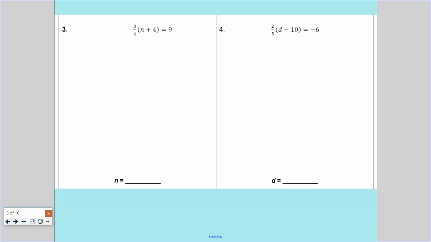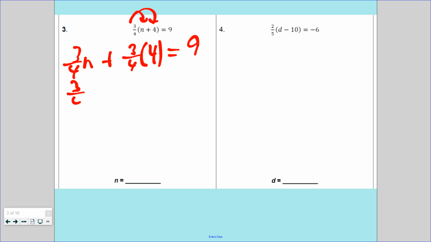All right, let's practice some more. Let's practice 3 and 4. You can kind of draw this, but really not draw it, so let's use a distributive arrow. What is 3/4 groups of n? 3/4 n plus 3/4 times 4 equals 9.